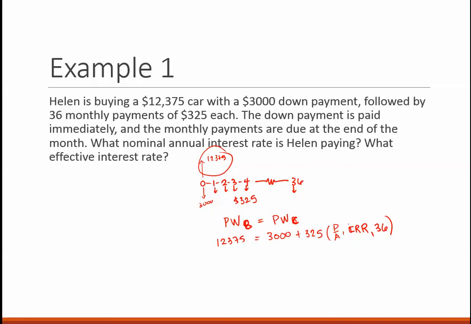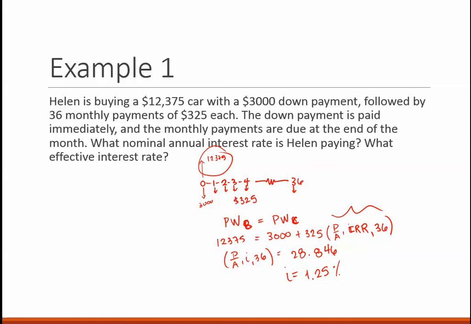And how do I find I now? So I'm going to solve this, kind of leave this part alone. So I end up with P given A, I, 36 is equal to 28.846. Okay, so now if I look this up in the tables, I'm going to find that I is equal to 1.25. I just happen to have the 1.25 table with me, so I could find this exact number.